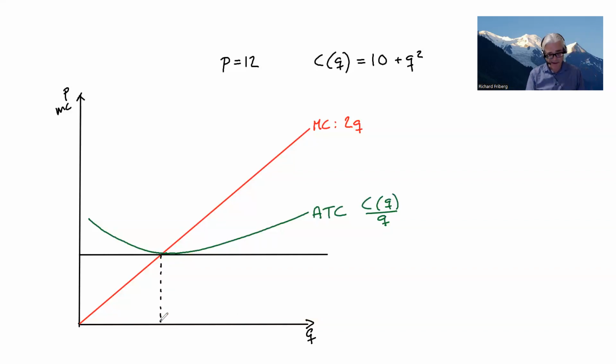Quantity is given by, as usual, the intersection between price and marginal cost. So as long as marginal cost is below price, the firm gains from expanding production, and vice versa. If marginal cost is above price, it gains from shrinking back.